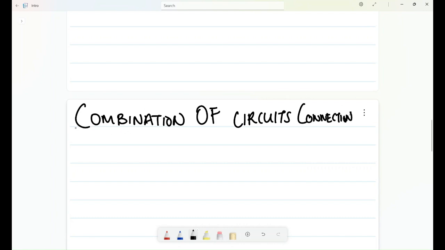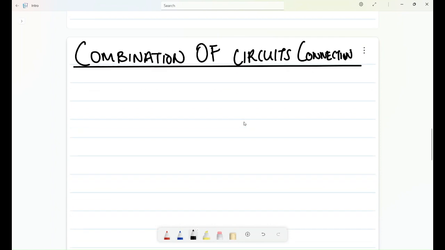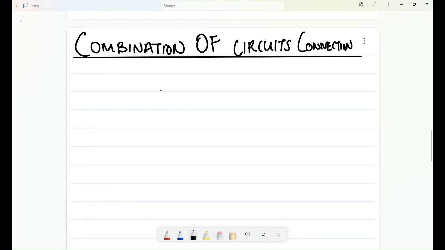Now let's talk about the combination of the circuit combination connection here. I'm gonna just do a simple one. Let's say now we have, okay, this is skewed.